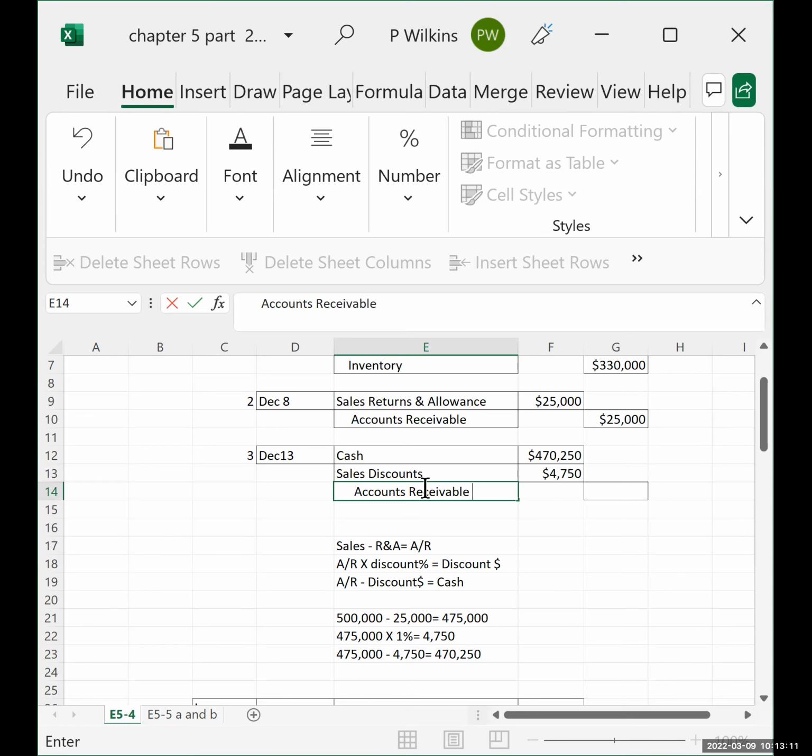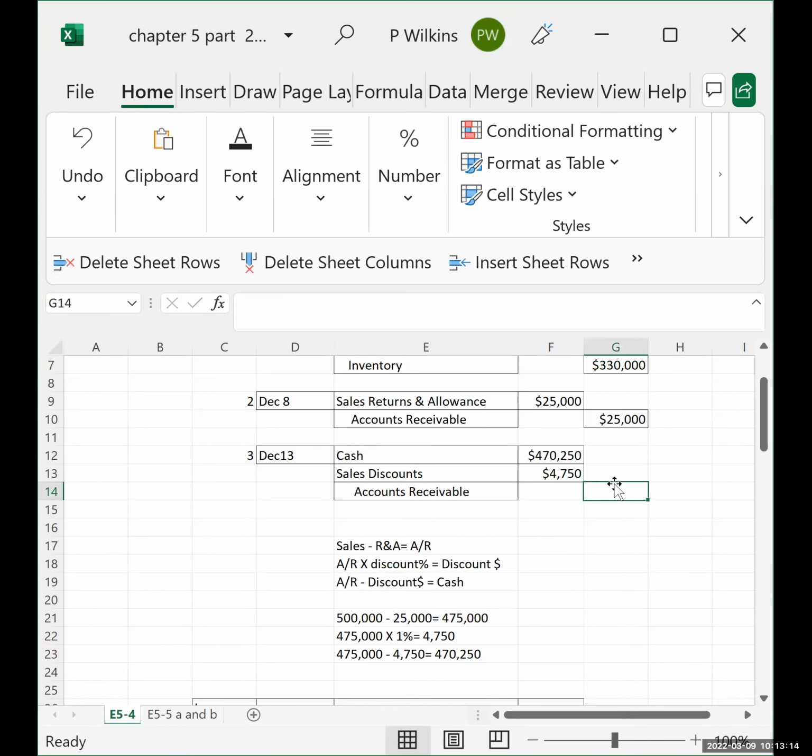And that's going to clear out the customer's amount so that the customer will no longer owe that money. Okay. So that would be the entry for the payment on accounts from the customer with them taking the discount.